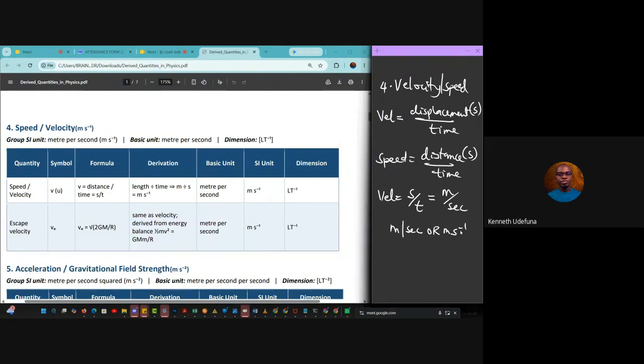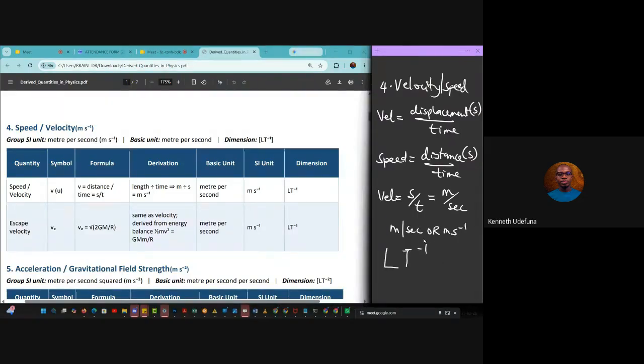Meter per second. So what is going to be the dimension? It's going to be capital L, because meter is capital L. Then second is capital T, all to the power minus 1.